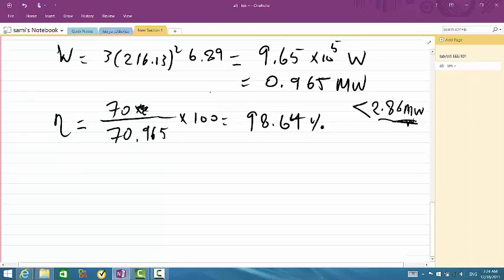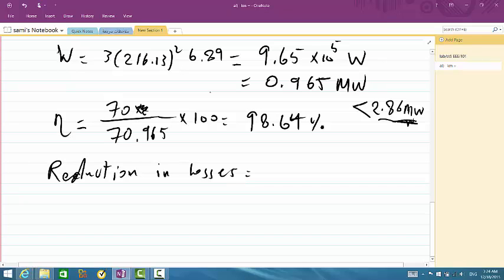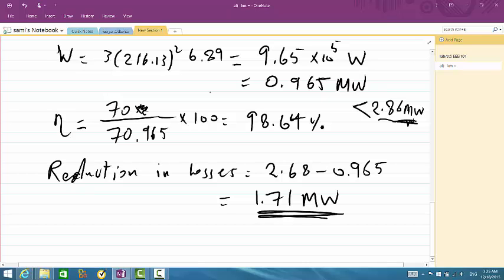So the reduction in losses, I can find it: it's 2.68 minus 0.965. So there is like 1.71 megawatt reduction in the losses.